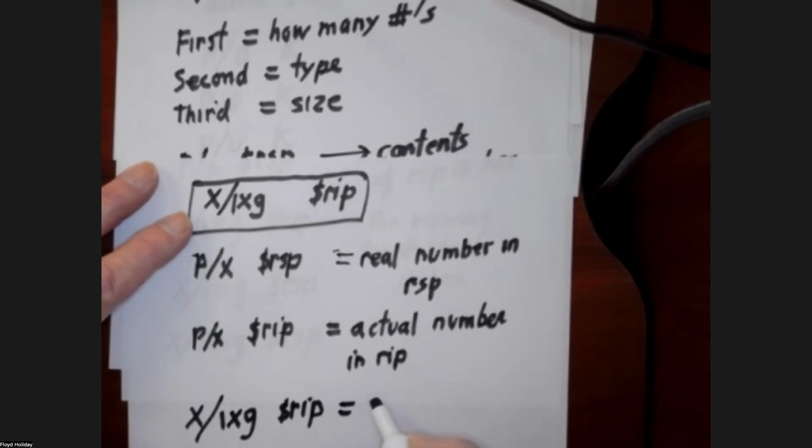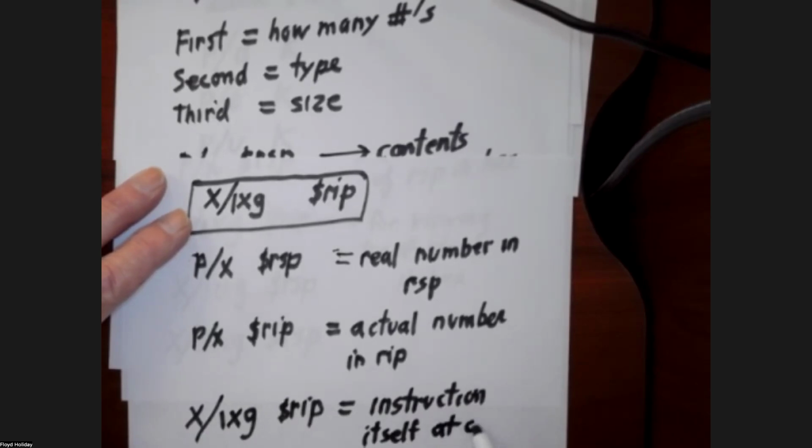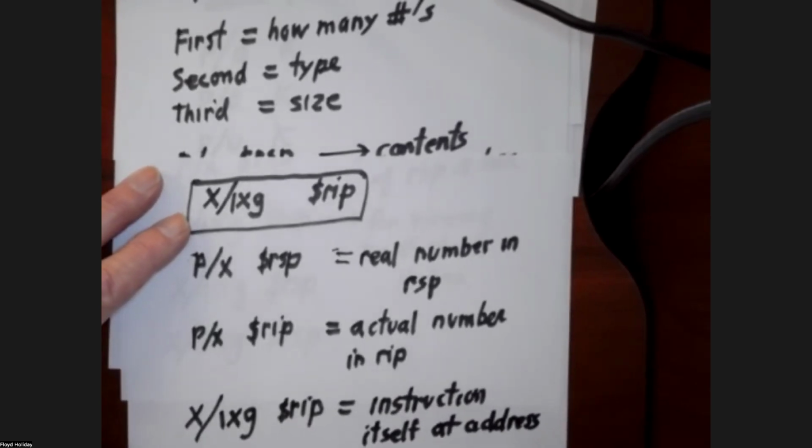This is the instruction itself at address RIP. Okay, there's a difference. The address is one thing, but what's stored at that address is what this command is showing us.